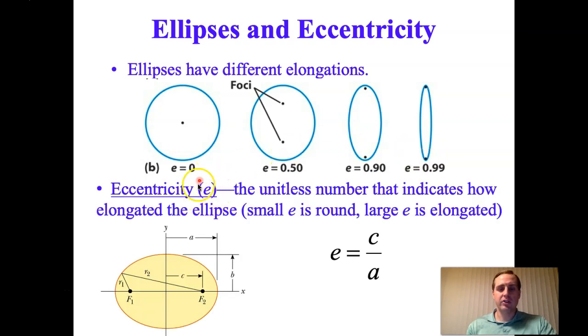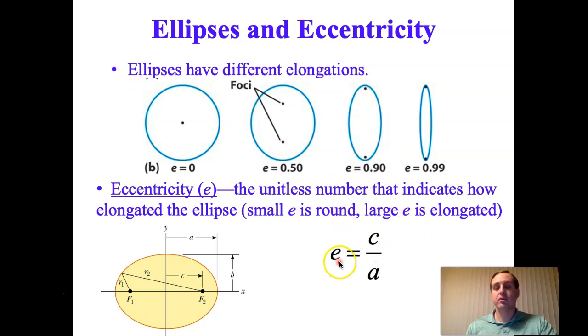So this elongation is what we often call the eccentricity, which is usually given the symbol lowercase e, and it's the unitless number that indicates how elongated the ellipse is. A small e is very round, a large e is very elongated.